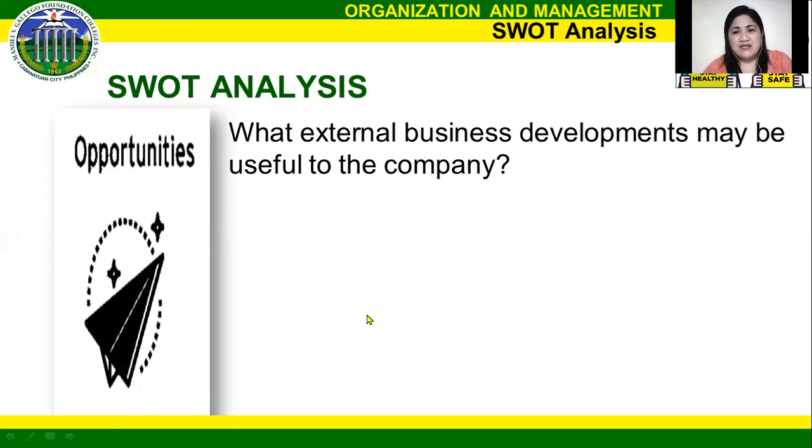So, ang hahanapin natin ngayon dito, what external business developments may be useful to the company. May be useful, ha? Useful to the company. Ano meron sa labas ang pwedeng mapakinabangan ng iyong kumpanya? Meron bang fad o yung mga puso? Pwede mo bang sabayan yun?